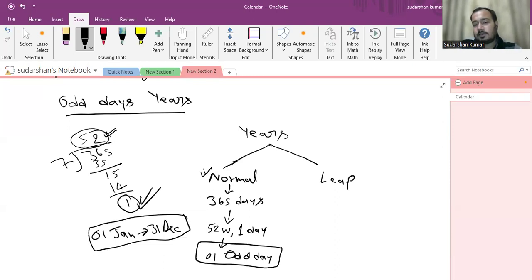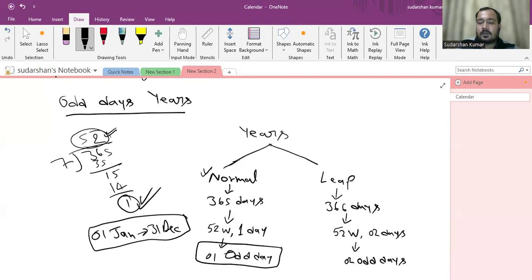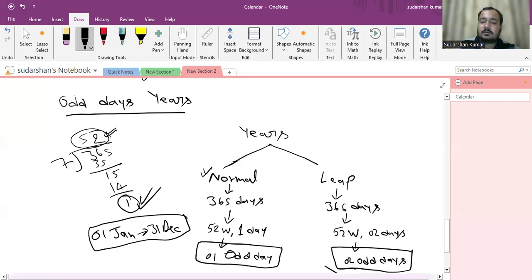Now we can take a leap year. There are 366 days. In 366 days, 52 weeks are completed and there are 2 extra days. These are called 2 odd days. Two odd days means every day of the week is repeated 52 times, but there are 2 days repeated 53 times. These are the first day, 1 January, and 2 January.